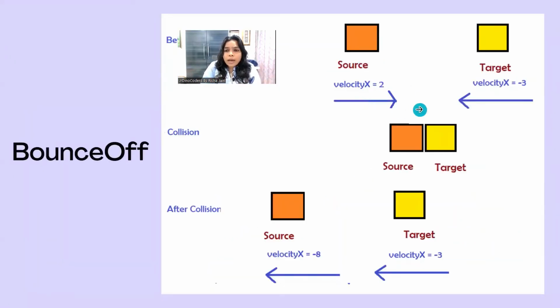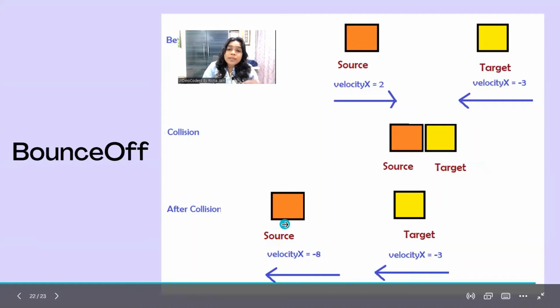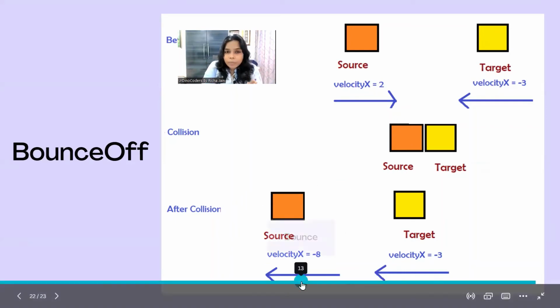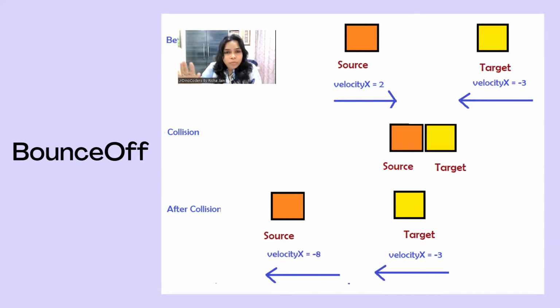Source and target are going in opposite directions. They collide. Source also takes the direction of target and its velocity is multiplied. Velocity of target remains the same while the velocity of source is multiplied. Don't get confused, but bounce off is the most used type of collision when we do game programming.